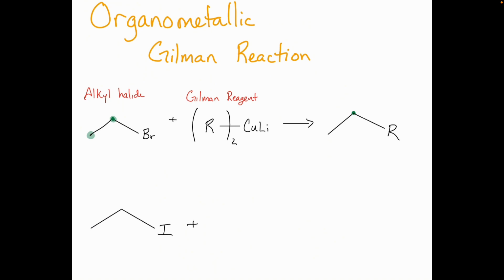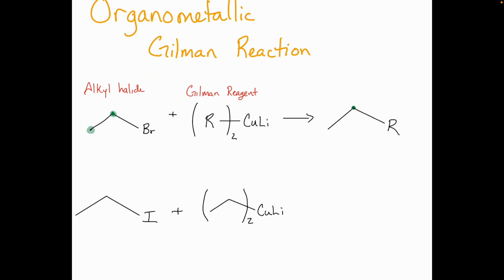Okay, and then let's take a look at a specific Gilman reagent. Again, what's going to make these tricky is that we're forming new carbon-carbon bonds. So our product is going to be bigger and uglier than what we started with.